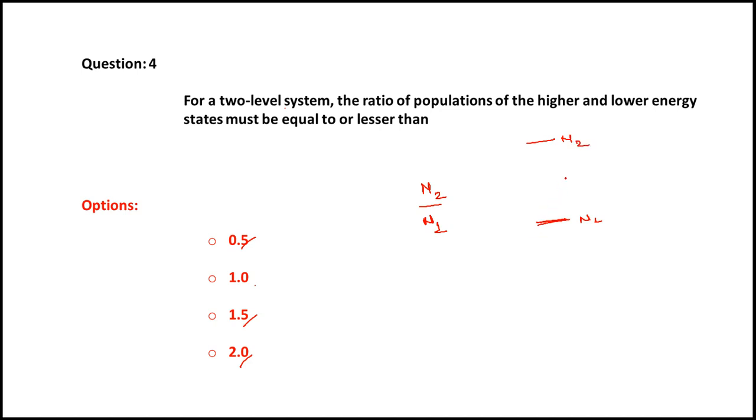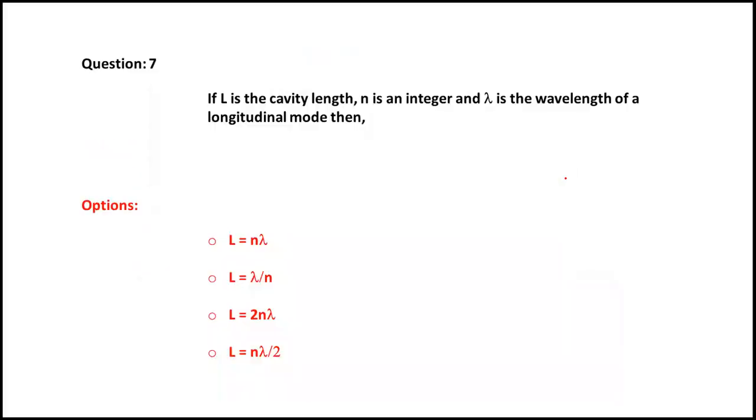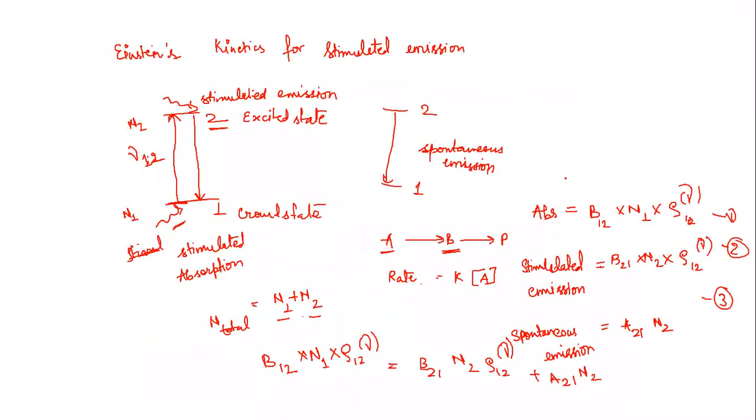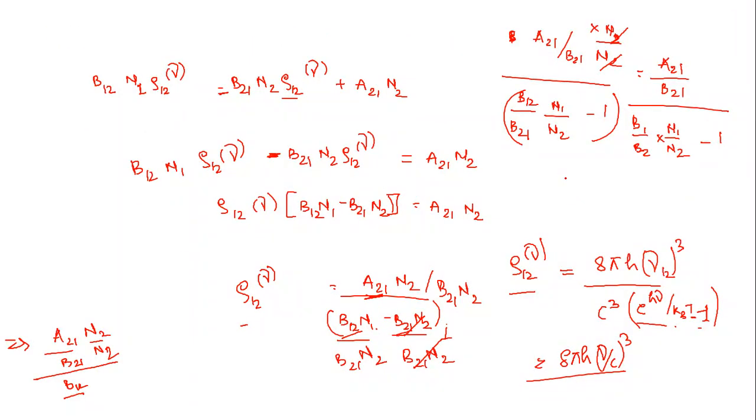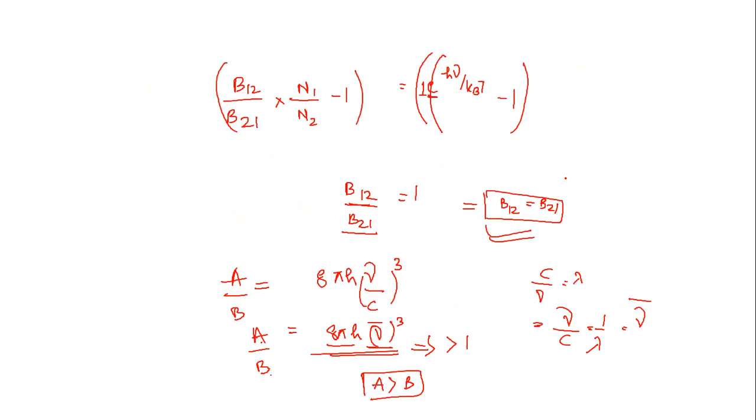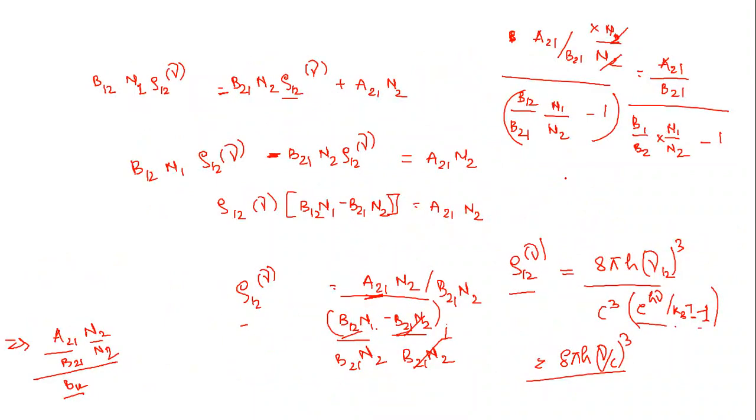There is an equation which we came up with, and this question is more or less related to that same question, N1 upon N2. So we'll go on to the solution of this question.